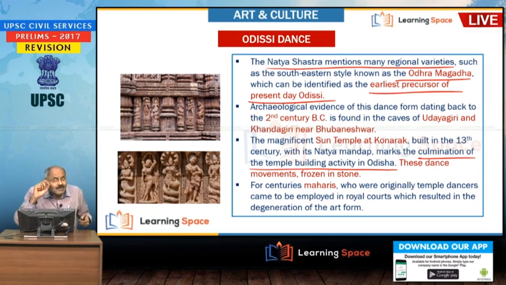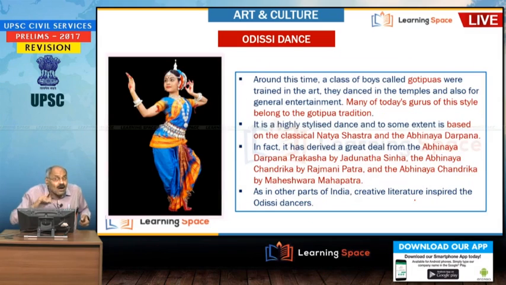One important aspect is that these dance movements of Odissi dance are frozen in stone on Konark temple images. Another important aspect is that for centuries, Maharis, who were originally temple dancers, came to be employed in royal courts, which resulted in the degeneration of the art form.